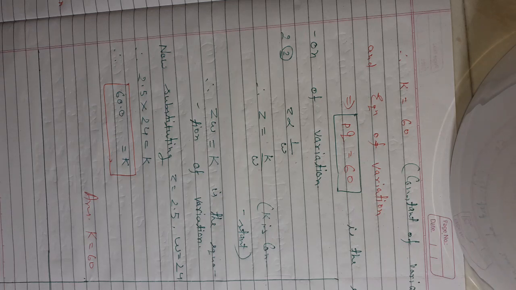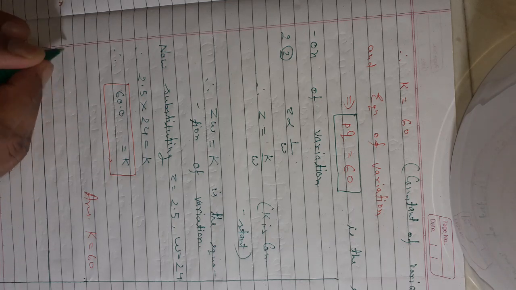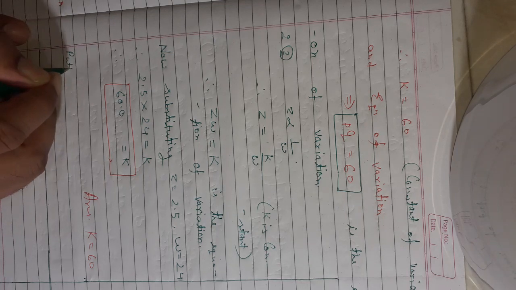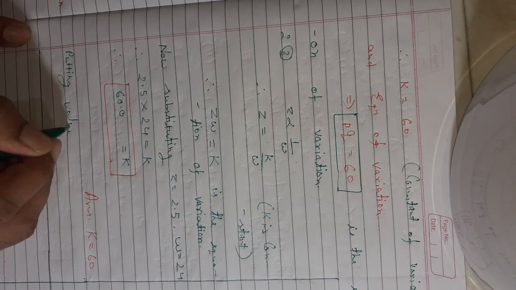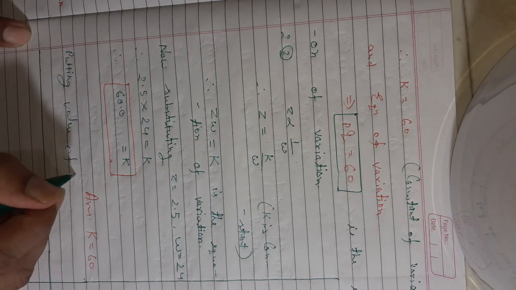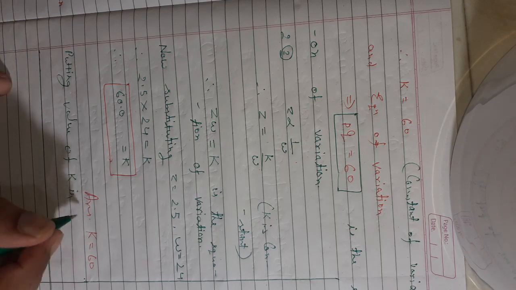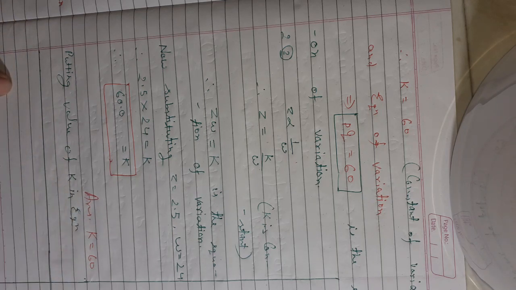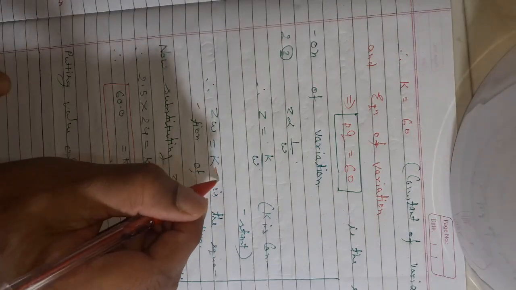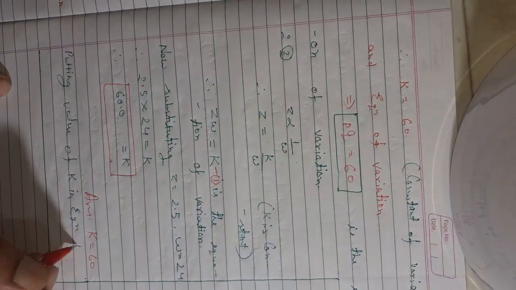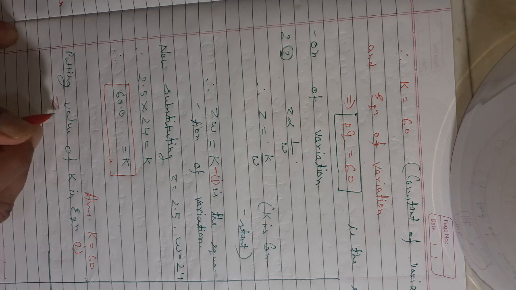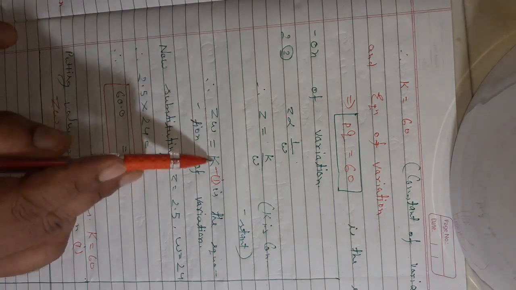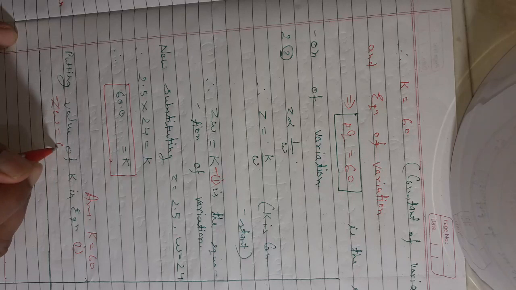Okay, and you have to find the equation also. Putting the value of k in equation 1, what happens? zw is equal to k, this is equation 1, and k is equal to 60.